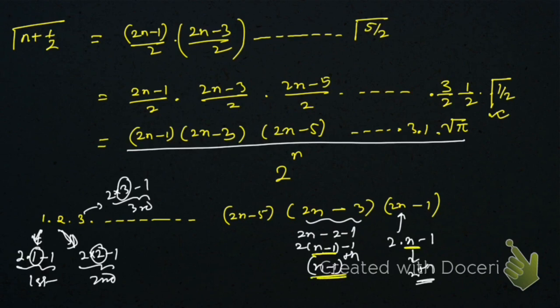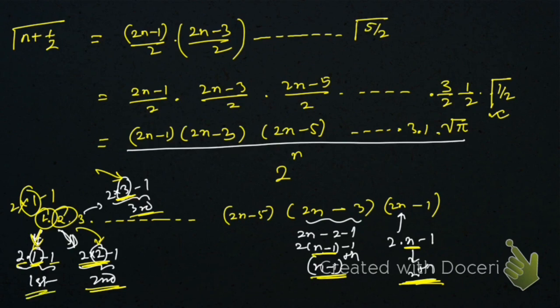As if it is n, then that is the nth term. When there was 3, here you can see 2 into 3, that is the third term. When you have 2 here, this is 2 into 2, the second term. When we have 1 here, 2 into 1 minus 1, then this is the first term, right?